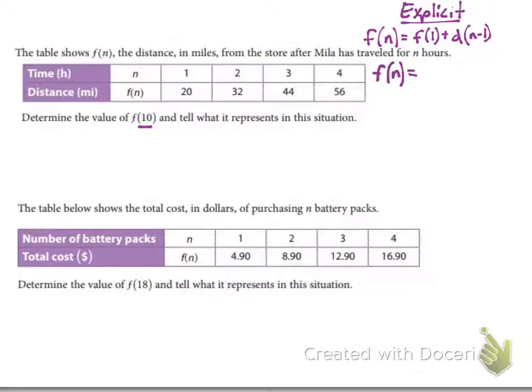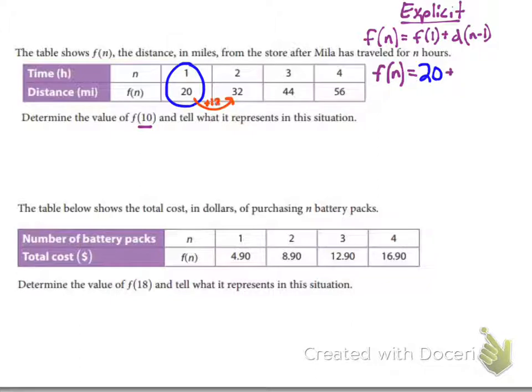And you need to remember what f of 1 and d mean, because we practiced that before. First of all, f of 1 represents the very first value in the first step when n equals 1. What is the output when n equals 1? Go ahead and take a moment to figure that out. And did you find it yet? Great. If you got 20, you are correct. f of 1 equals 20.